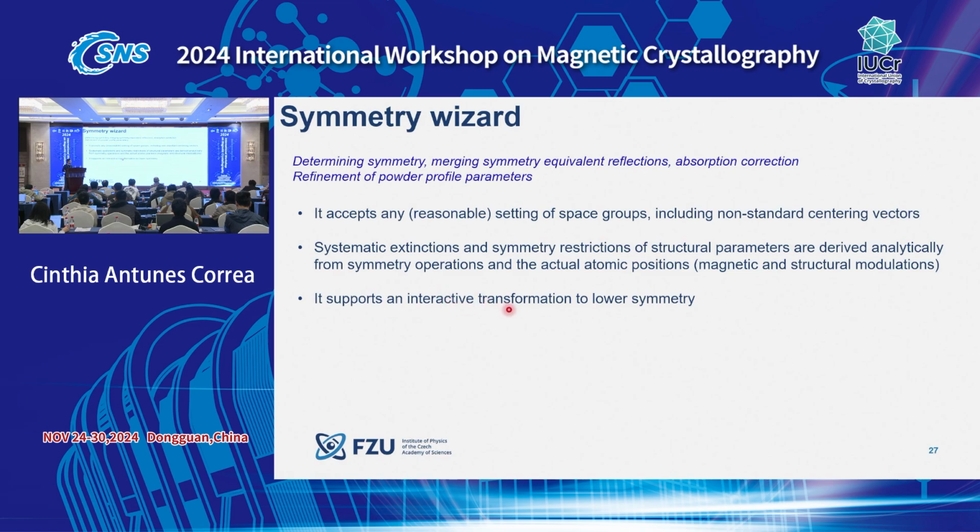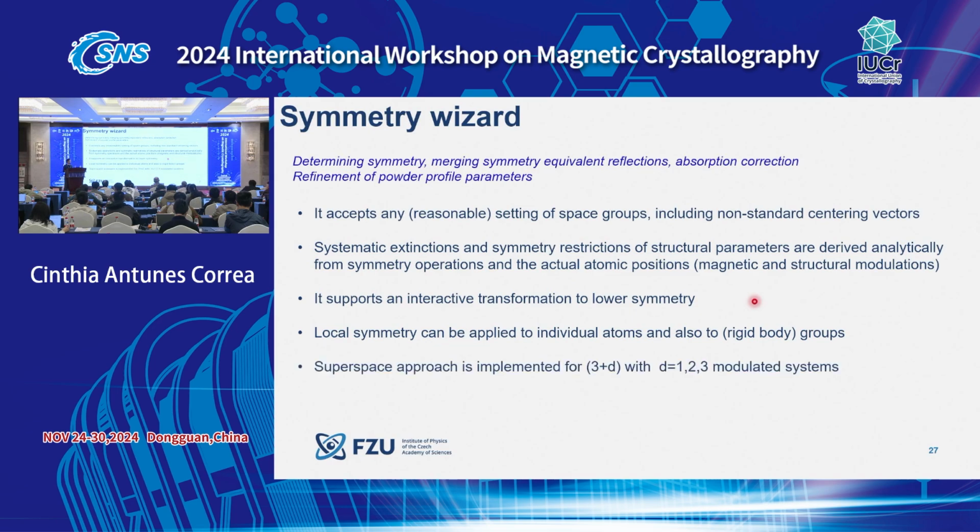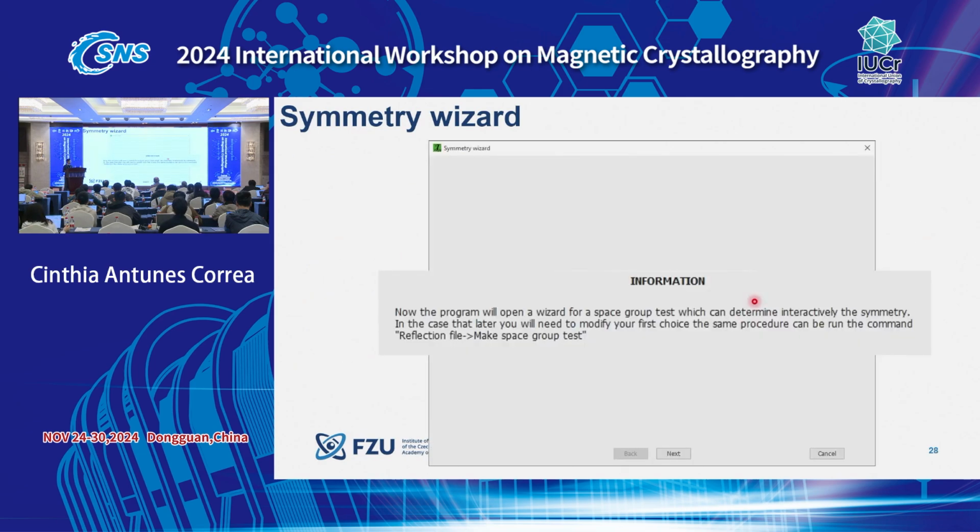It supports an interactive transformation to lower symmetry, so group-subgroup transformations. You can also apply local symmetry to a group of atoms and define rigid bodies. And we also have the superspace approach implemented for 3 plus d with d up to 3 for modulated systems.